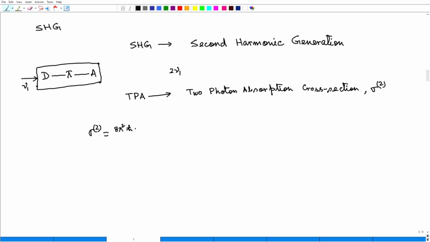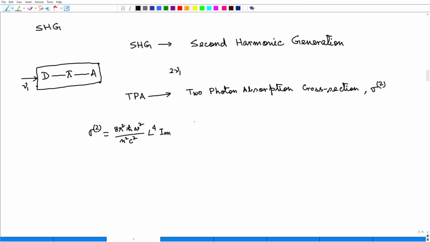H cross omega square, n square, c square, L4 imaginary part of gamma.